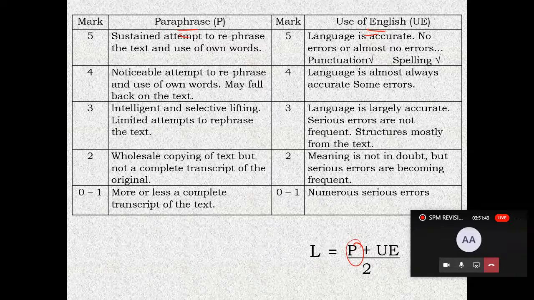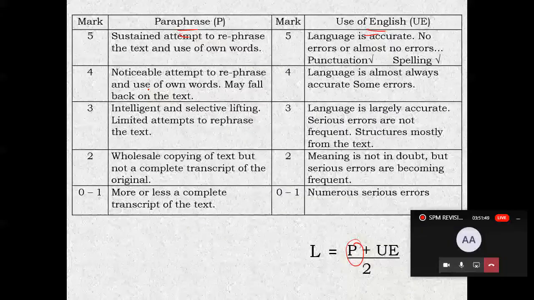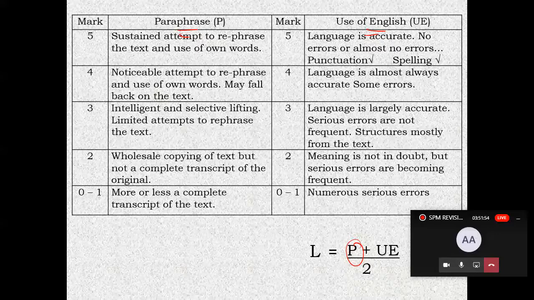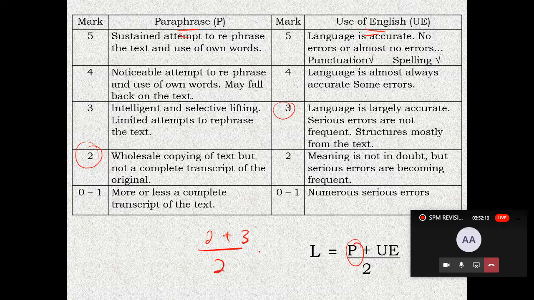If let's say you cannot paraphrase, you just say, I'm not going to paraphrase, I'm just going to use what is there, it is fine. You just have 2 marks, 2 out of 5. Because you can also maybe score here, your language, for instance, structures, so maybe you can get a 3. So 2 plus 3 over 2, so it is 5 over 2 and it's 2.5. So you get 2.5 over 5, it's fine, it's half.